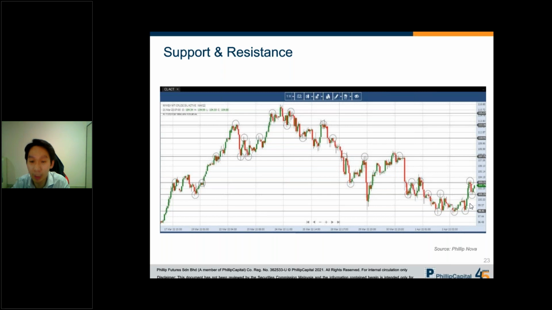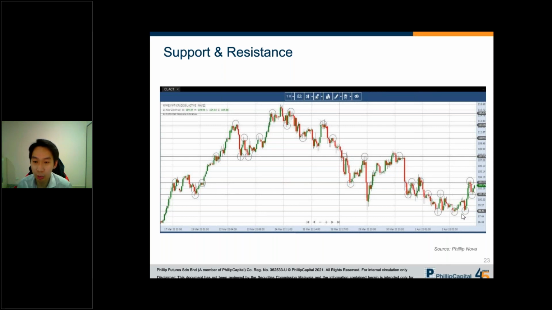Some of you might ask, if this support or resistance is not clear, how do I determine whether this is a real support or resistance? Because sometimes they might not be clear. Actually, there's no right or wrong rule in drawing support and resistance levels. But what I can say is, you always draw based on the line of best fit. I've drawn a lot of circles here. You want to draw your support and resistance based on the point that is contacted the most, the point with the most circles.